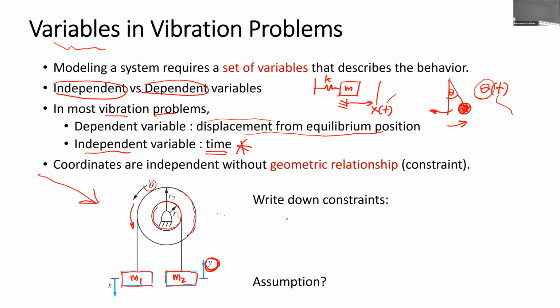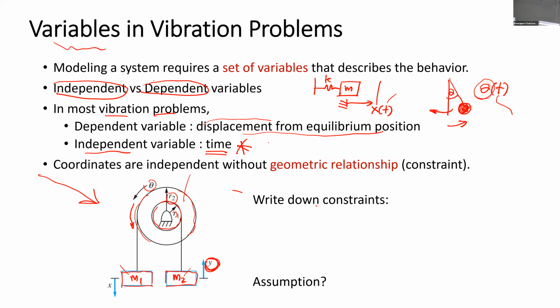And this pulley at the radius R2 is connected to M1. At the radius R1, it connects to M2. So actually, seeing by eye, it seems like we have 3 objects: mass M1, M2, and the pulley.